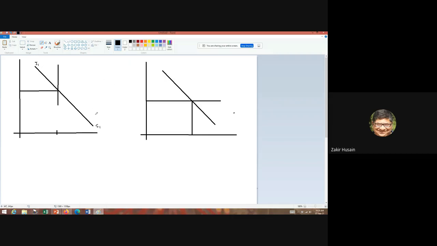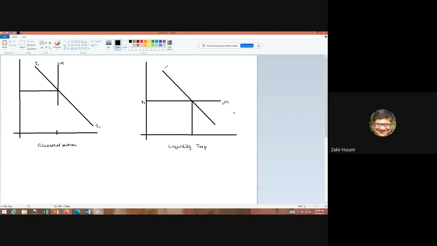Okay, so this is the IS curve and this is LM. This is the classical portion, and this is the Keynesian part of the curve, the liquidity trap. So let's make this LM.